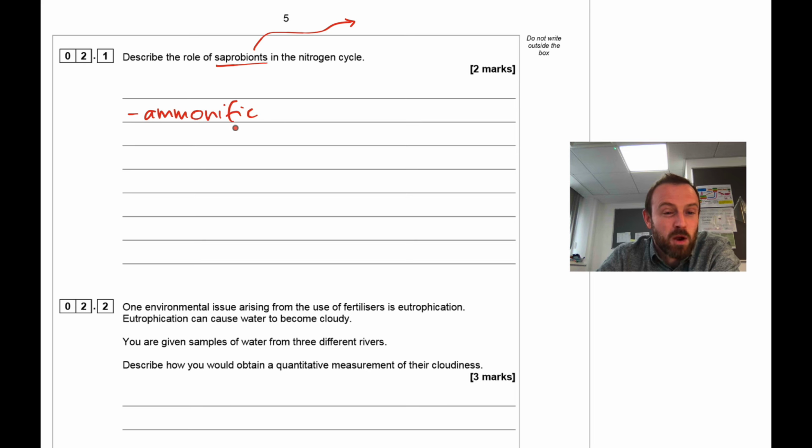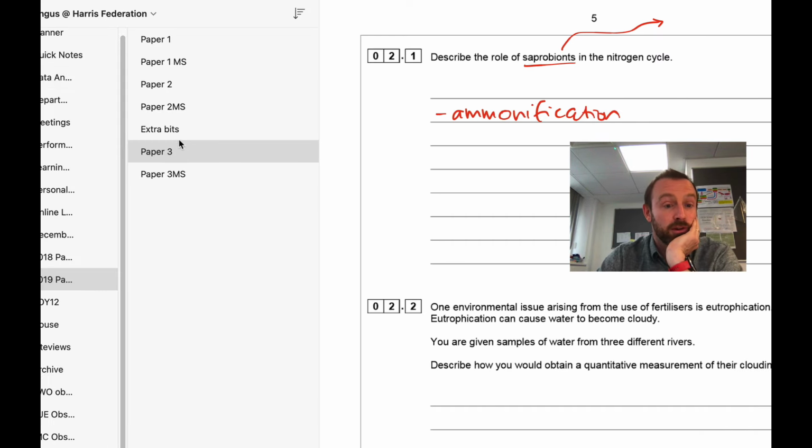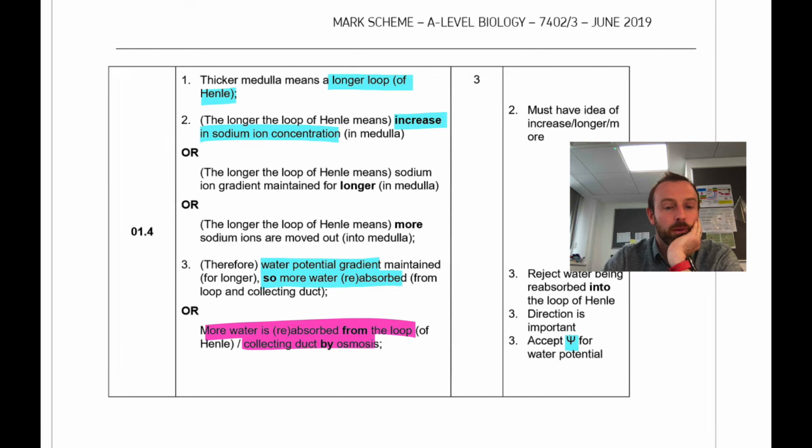This means that they produce enzymes that break down and hydrolyze complex molecules like proteins and DNA into smaller monomers and release ammonium. Basically, they digest dead stuff. So that should hopefully hit all the key words that we need.